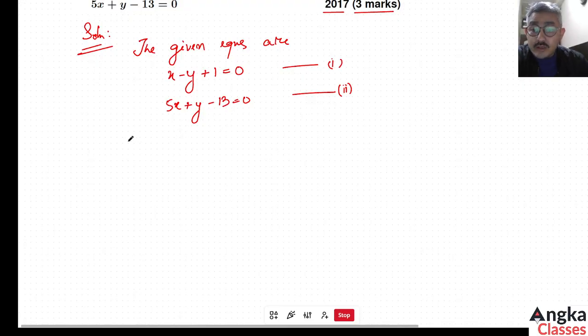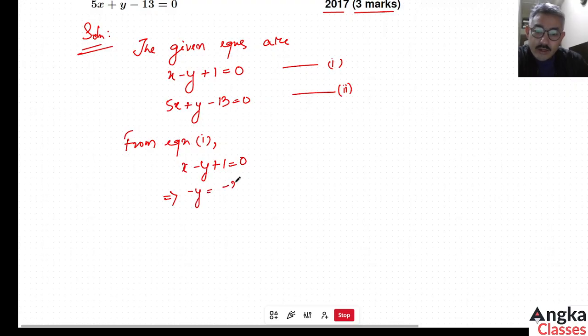So from equation 1, in terms of y: x minus y plus 1 is equal to 0, so this implies that minus y is equal to minus x minus 1. So we have y is equal to x plus 1. We'll call this equation 3.